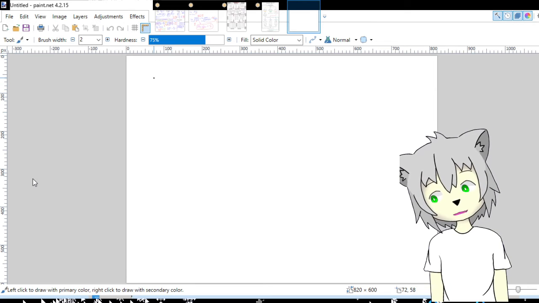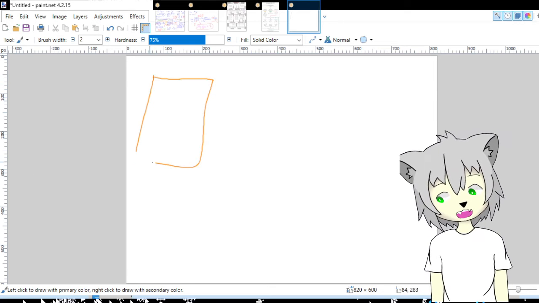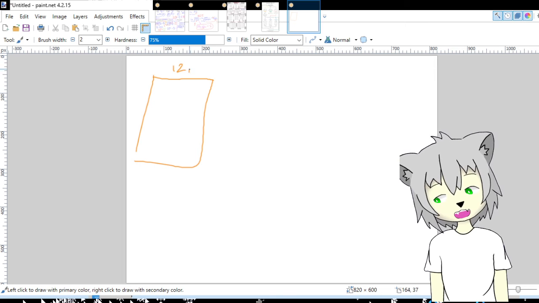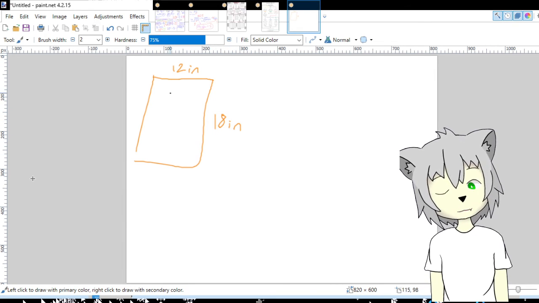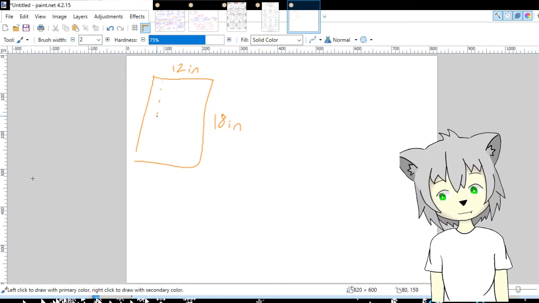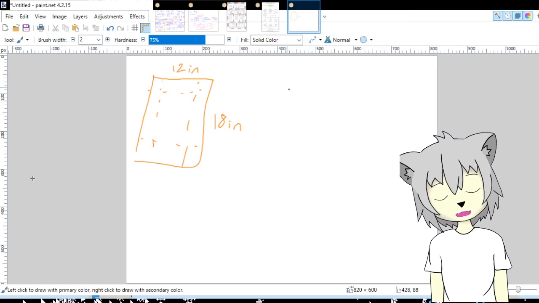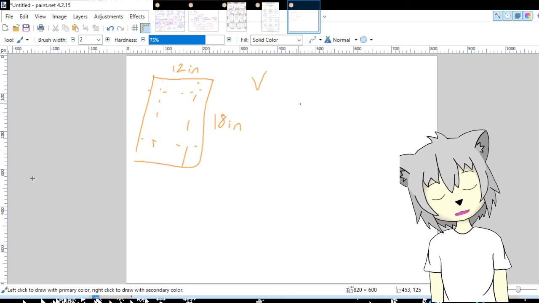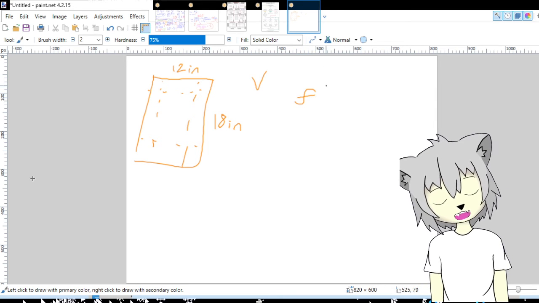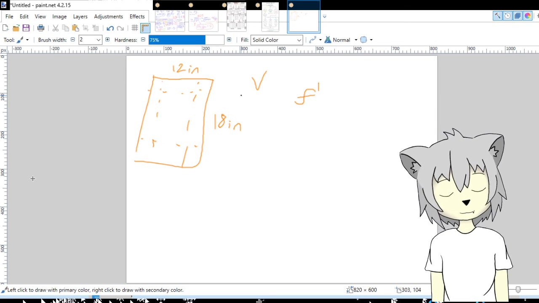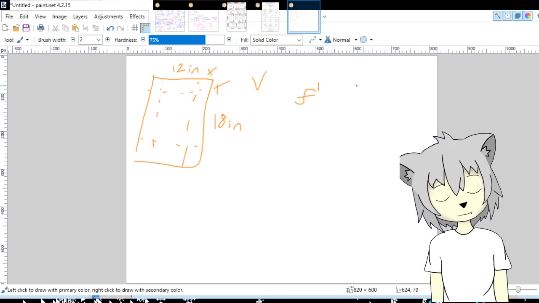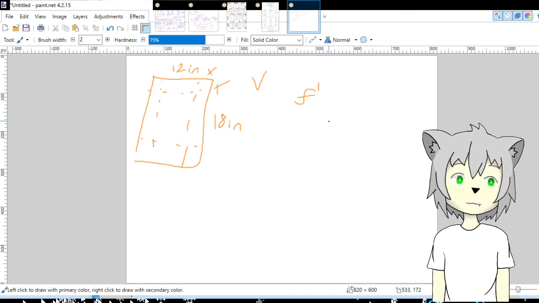Like if you have a 12-inch by 18-inch sheet of paper, how do you cut it in such a way where you maximize the volume of it using derivatives and different functions? That's when it becomes complicated.